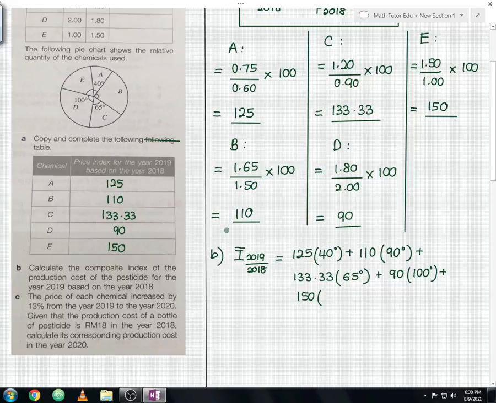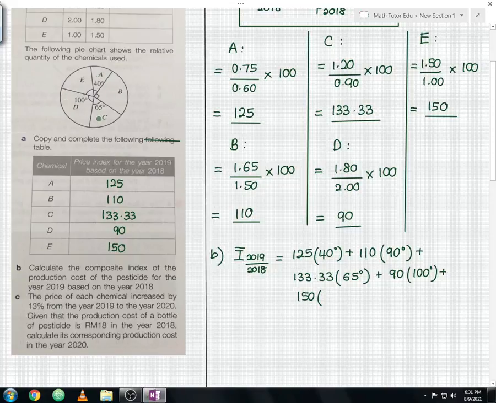As you can see here, only the weightage for chemical E is missing. So how to find it? It is very simple, guys. As you all know, the total internal angle of a circle is 360 degree. So in order to find the missing angle, you take 360 degree minus all of the angles available here.